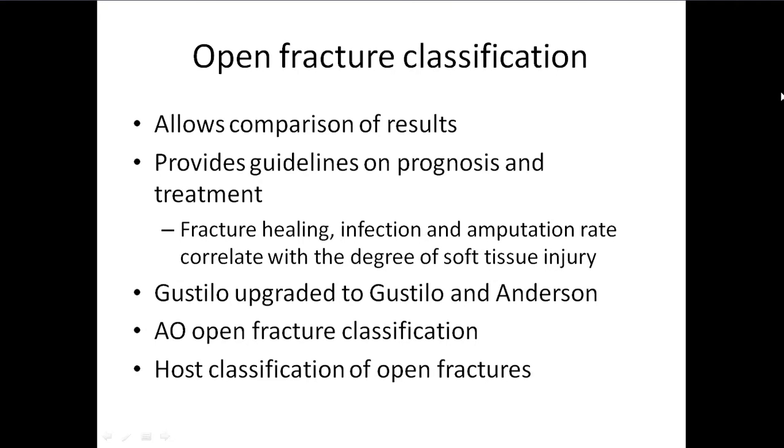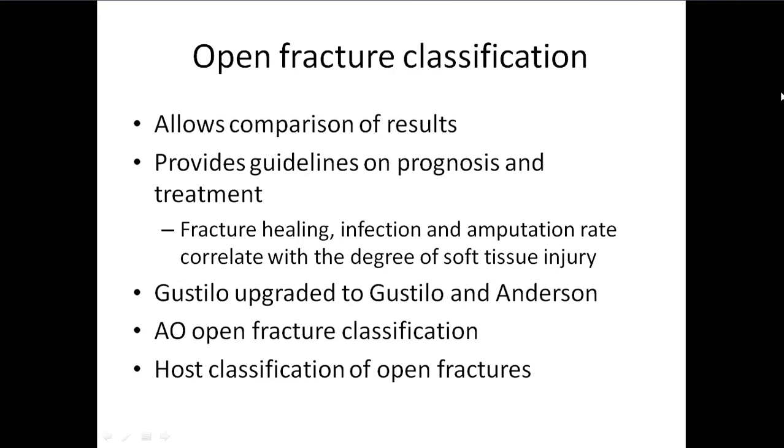Gustilo is an orthopedic scientist who first described this classification, which was later upgraded by Anderson. It was initially prepared by Gustilo and later modified by Anderson, so it is called the Gustilo-Anderson classification.